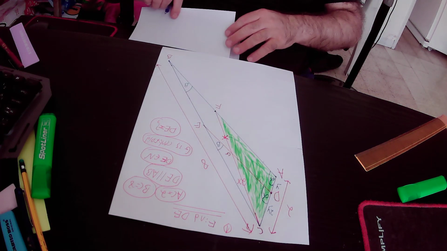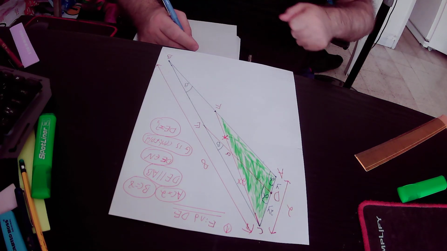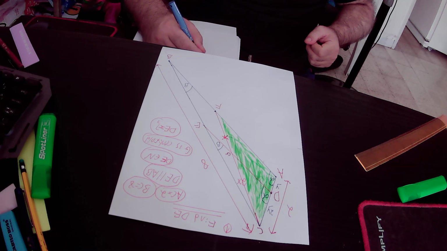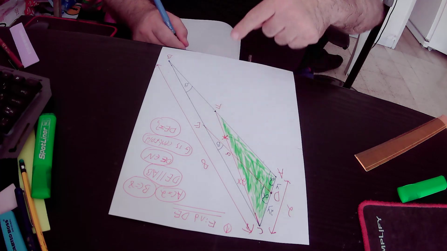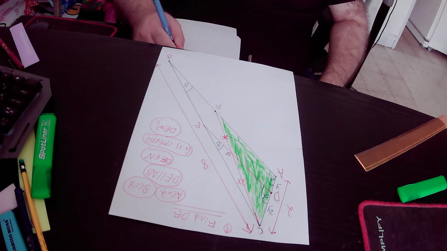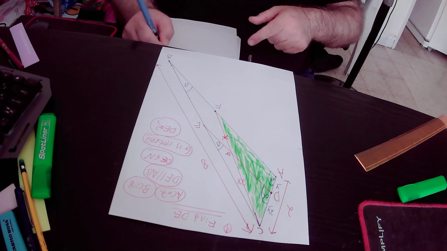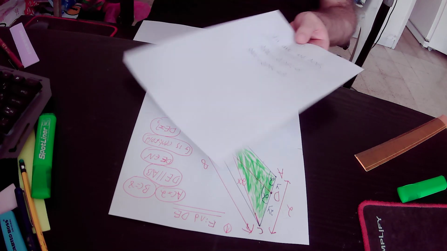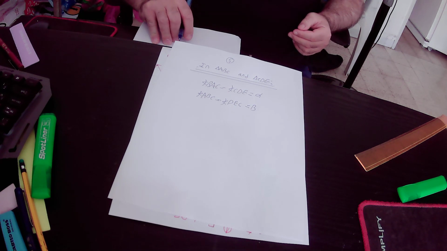We also know that angle ABC from triangle ABC is equal to angle DEC from triangle CED, and they are both equal to beta. Again, angle ABC equals angle DEC, and they are both equal to beta.